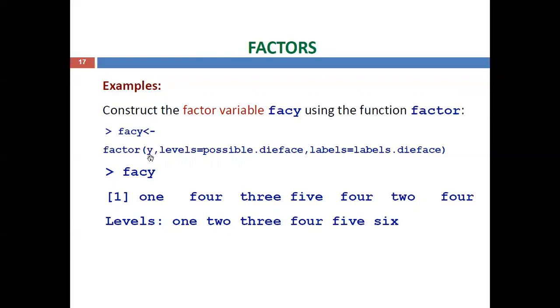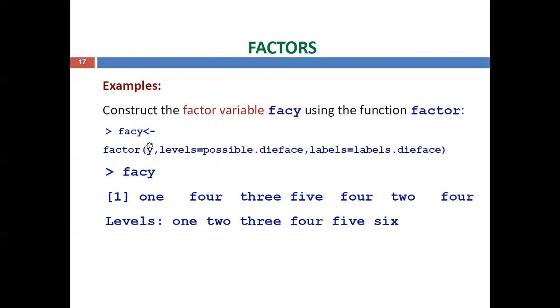First you provide the first vector where the data is stored, so y, comma, then you define the levels. So levels equal to the vector possible.dieface, comma, then another parameter labels equal to labels.dieface.